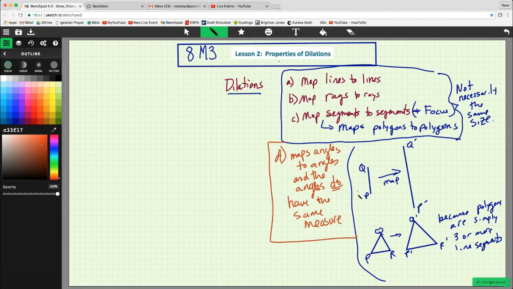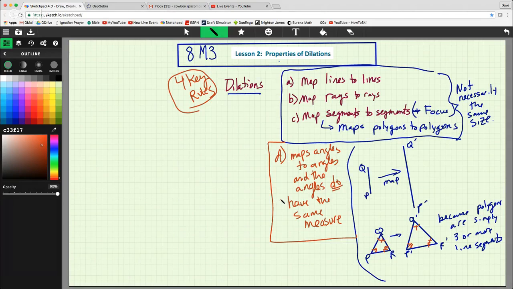While the line segments don't necessarily have to be the same size, the angles are the same size. If you have a triangle that's the same shape as another triangle and you blow it up or you shrink it down, all of the angles will maintain the same size. So these are your 4 key rules of dilations, or at least the 4 key rules as outlined in our manual.